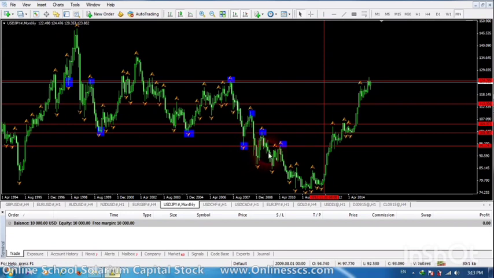This is very important. The more pivots there are, the more powerful the resistance, and there is less possibility of a breakout. So wherever you see that you have 2 or 3 pivots in a row, that means that the pivot is very powerful.